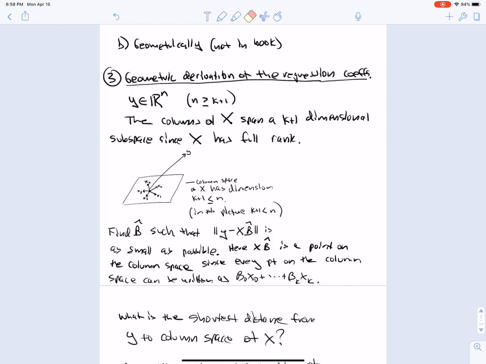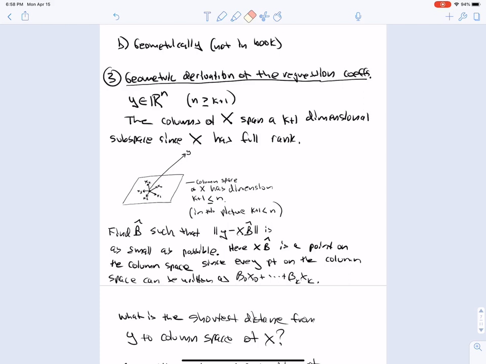So we have a vector y, which is our response variable, and the columns of x span a k plus 1 dimensional subspace of R^n, since x has full rank. I've drawn a picture here where y is sticking out of the column space of x, because in this picture n is strictly greater than k plus 1.